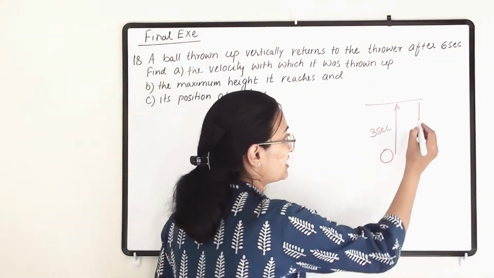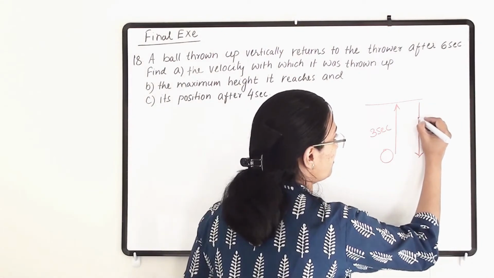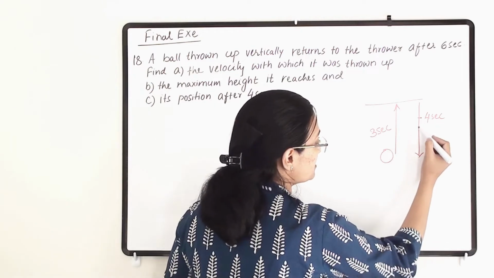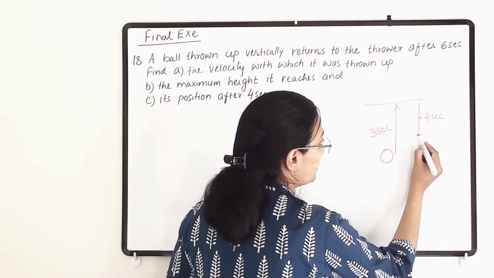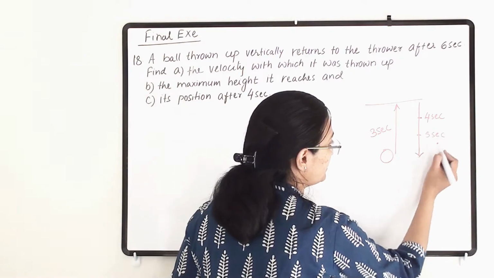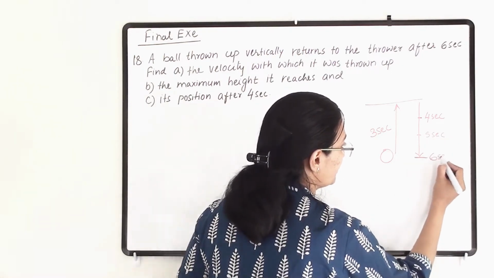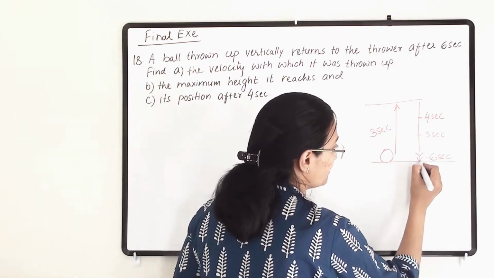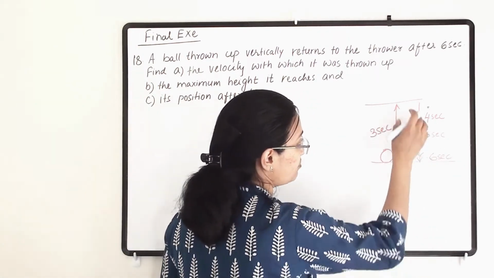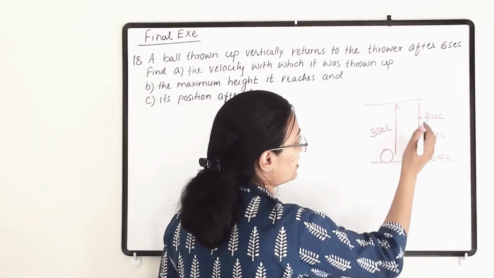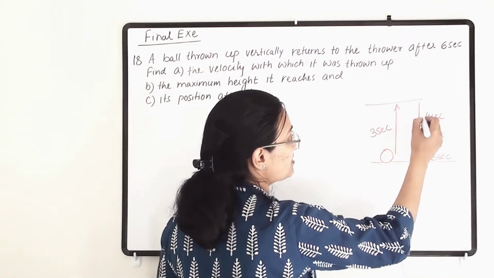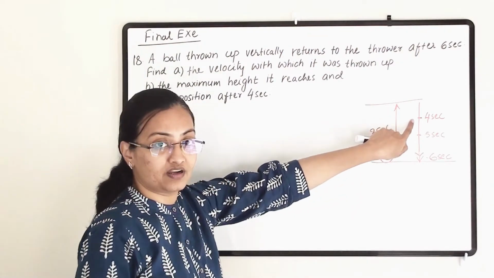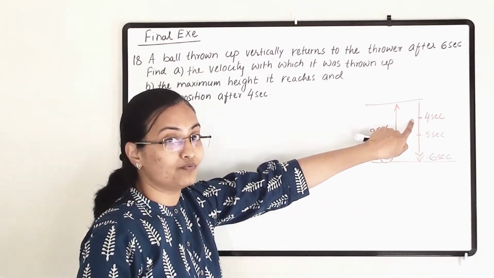So at the 4th second, it has just started to come down, just above the midpoint. Then at the 5th second, it will be somewhere in the middle, and at the 6th second, it will be down in the hand of the thrower. Right? So at the 6th second, the ball's journey is going to be over. But at the 4th second, it will be somewhere above the midpoint. So this distance we have to find out, where it will be at the 4th second.